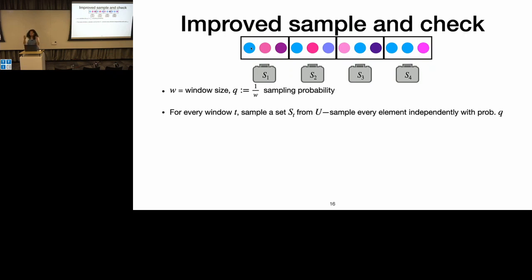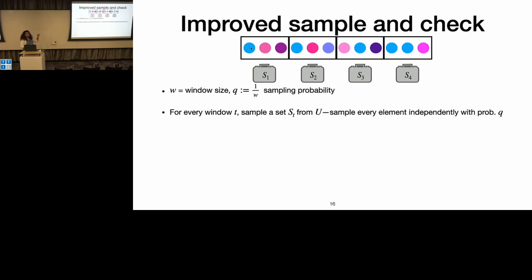Basically, for every window of the stream, we are going to sample a set, from the universe. You sample every element with probability q, or probability 1 over square root of n for the example we are looking at. If you look at the intersection of this set with the window, that is like sampling an element randomly with probability 1 over square root of n.